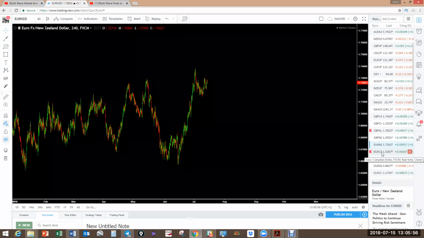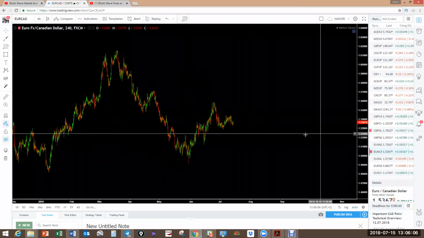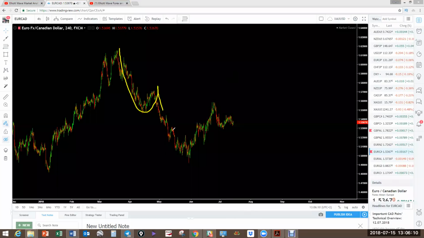Okay, so let's look at EURCAD. Okay, so this is what's happening with EURCAD. We've got 3 waves to the downside like that, and we traded these 3 waves up. Okay, we traded these 3 waves up. So what is happening here is that we've got a move down here, and we're expecting that we're just gonna go down like that.